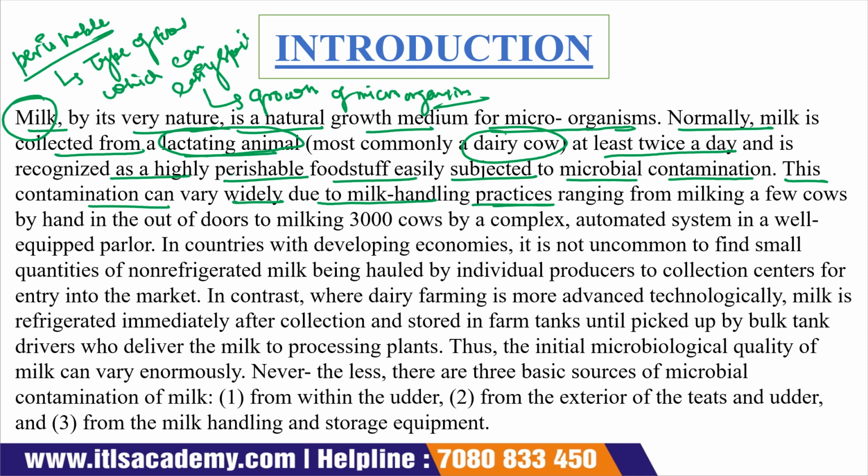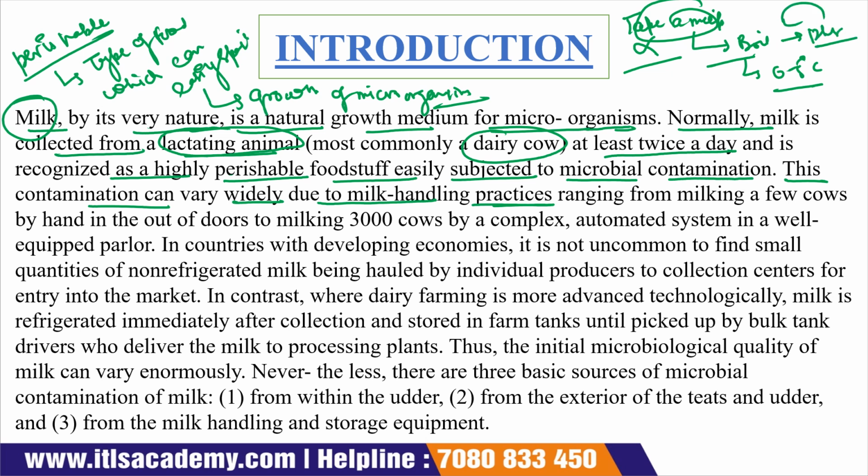Suppose we take milk from a milkman and boil it, and after boiling we store it between 0 to 5 degrees Celsius, then this milk will not spoil. But suppose we take milk, boil it and leave it for 12 hours, then it will be spoiled.